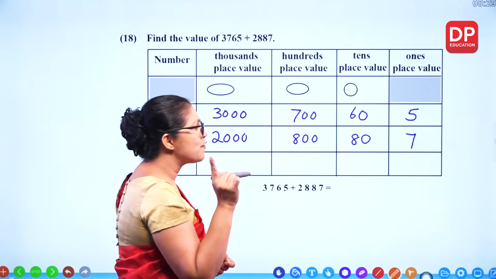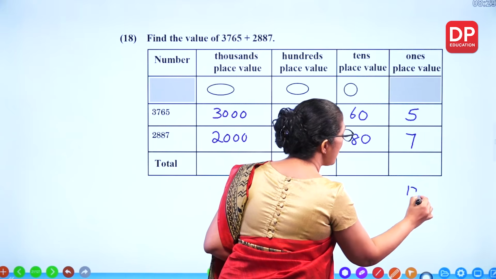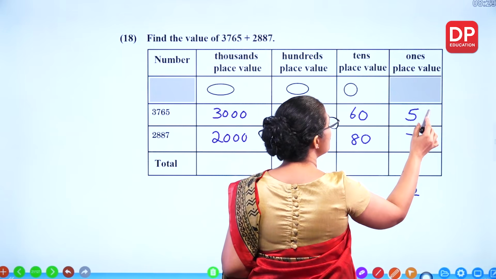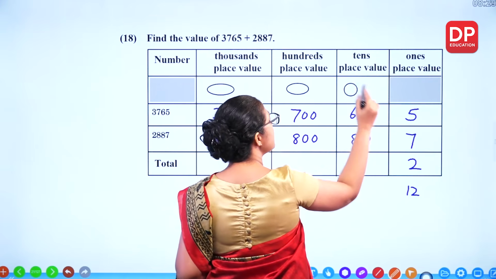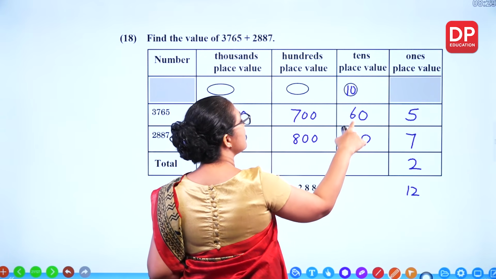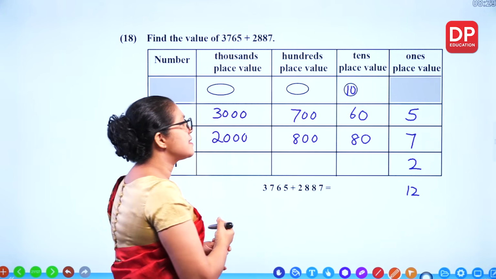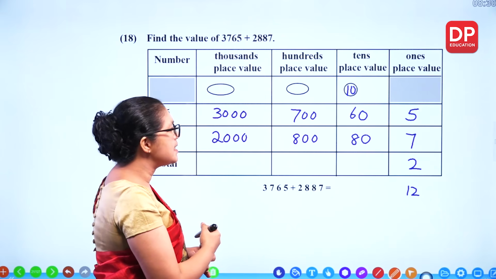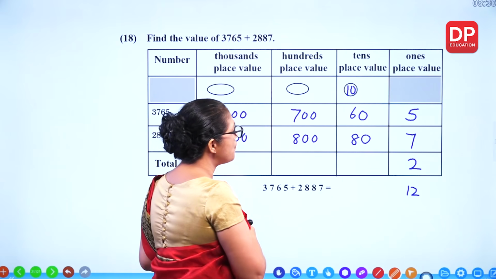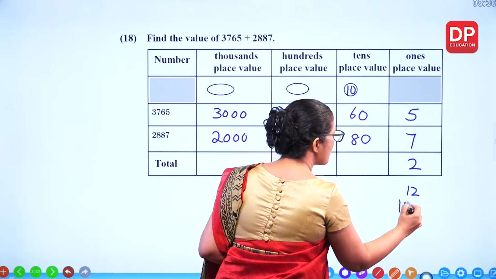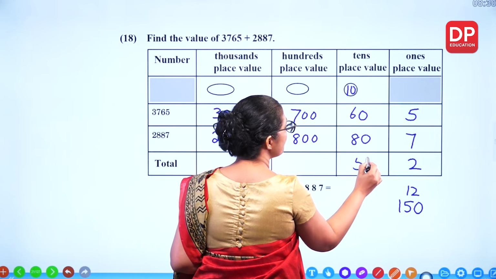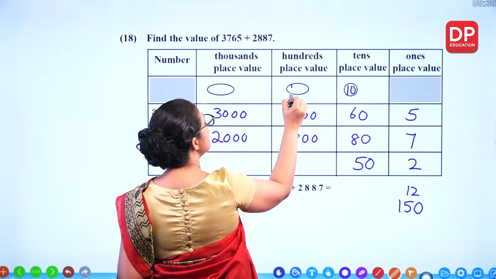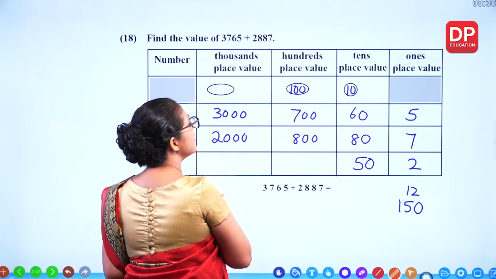7 plus 5, 12. So you can't write 12 there. So what you do, you take the last digit and take 10 to this side. 60 plus 10, 70. 70 plus 80, 150. So 150 you can't write. You write 50 there and take 100 to this side.